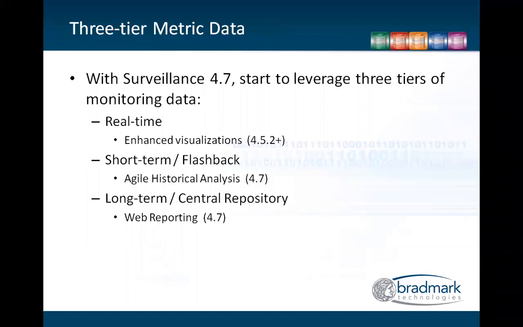So with these 3 different sources of data, we're going to be able, in the future, to create enhanced windows that allow us to combine different aspects of these 3 tiers of data. It's going to be really exciting stuff that we're going to be able to show going forward. In 4.7, we're going to have a little bit of that, probably a little more separated than combined. But in the future, we'll be able to deliver a lot more in different ways, to really see how things were going and how they relate to today and how they relate to yesterday.